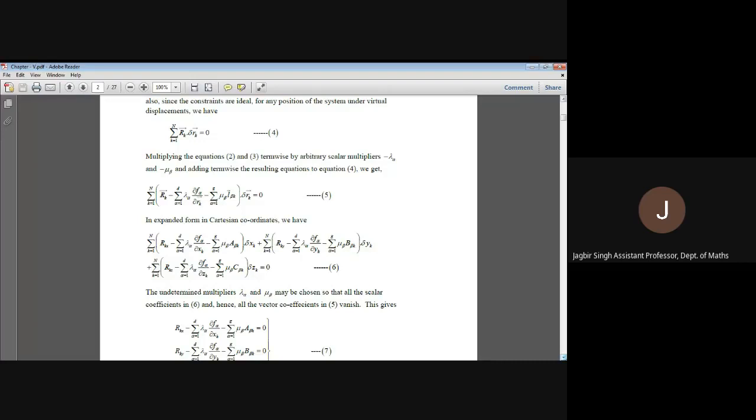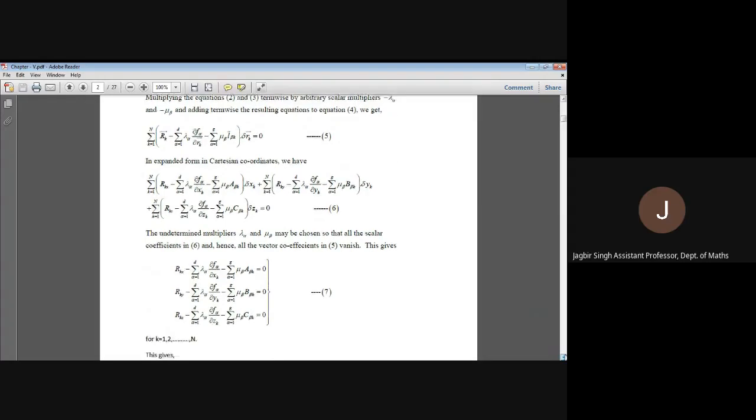Now, these del xk, yk and zk are independent quantities, and this combination is equal to 0. So all the scalar coefficients will be equal to 0. Therefore, Rkx minus summation alpha from 1 to d lambda alpha curly f alpha by curly xk minus summation beta from 1 to g mu beta a beta k is equal to 0. Similarly, the y component is 0, and similarly, the z component is 0.